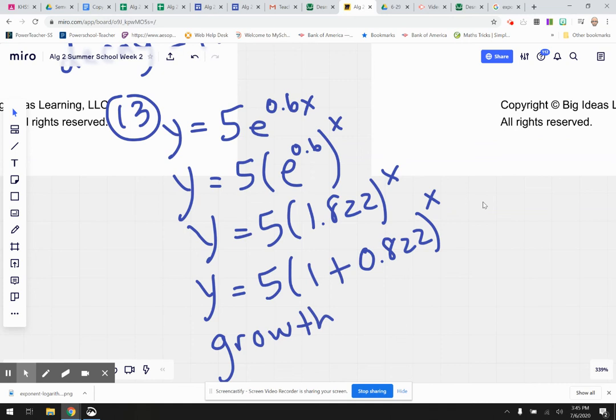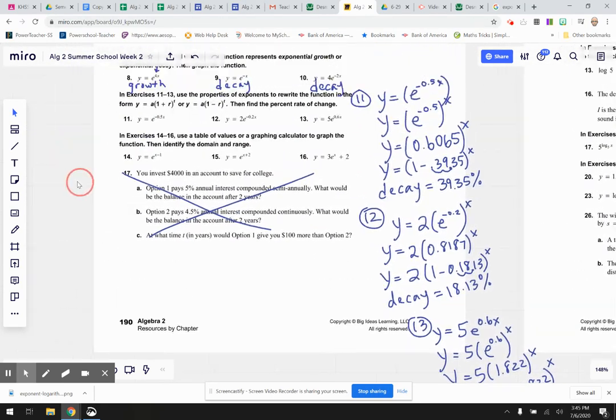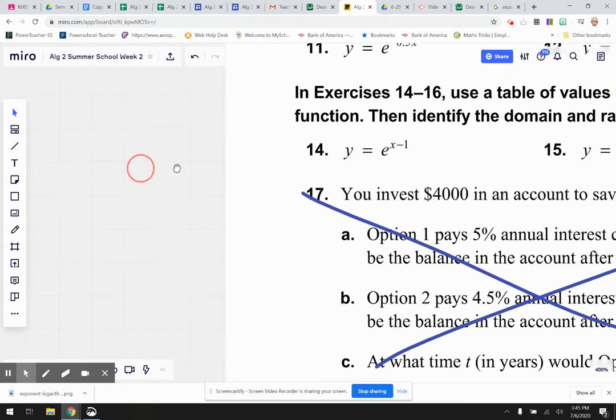It's going up, and it's going up 82.2%. 82.2% growth. Okay, so there's 13. We're not doing 17, but 14, you can look at a Desmos. Let's look at 14.